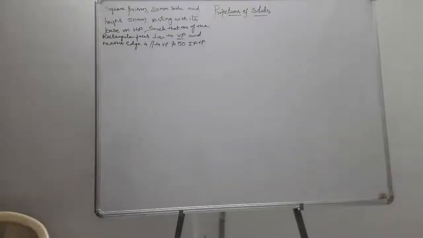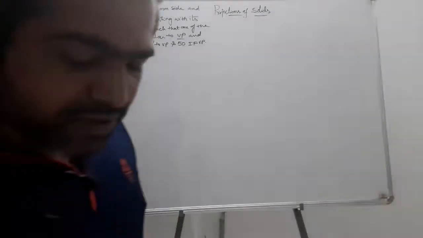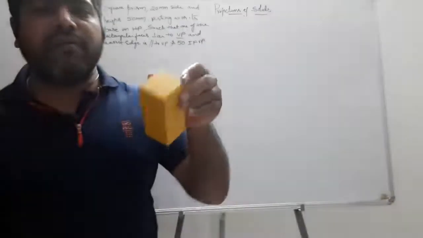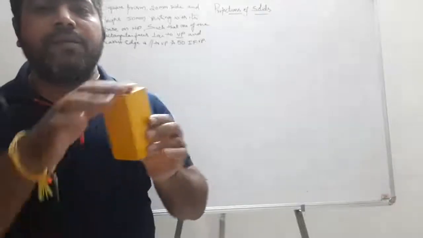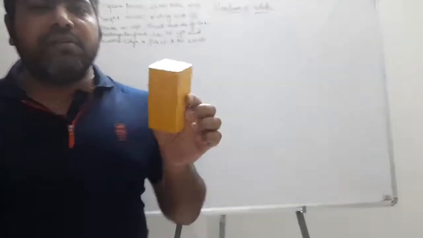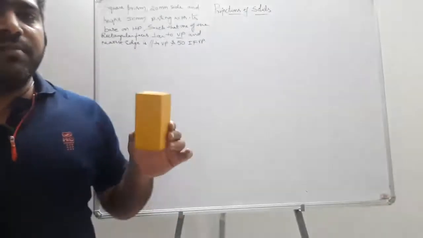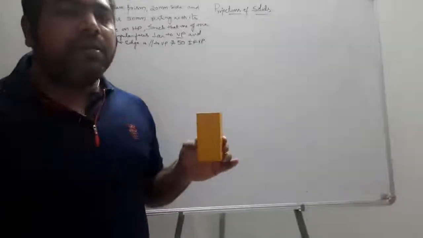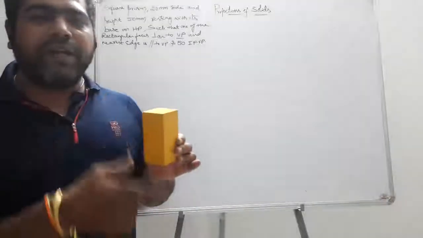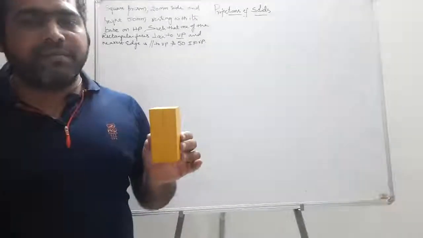Prism means first of all it is having two bases. This was a base in the shape of a square. So I call this a square prism. Prism means all faces are rectangular faces and all edges are straight edges.